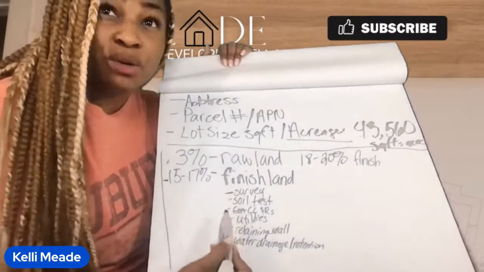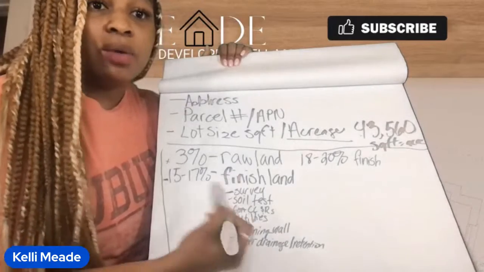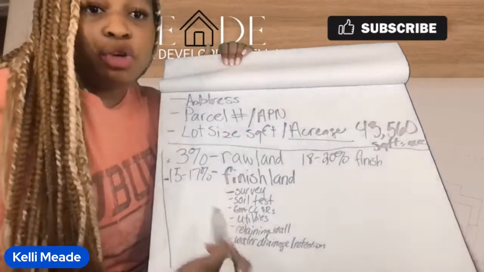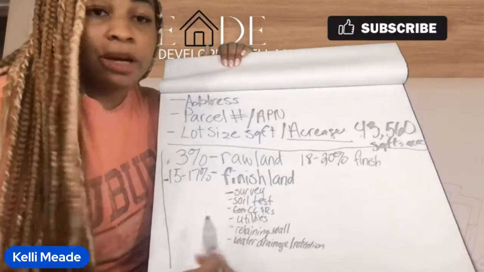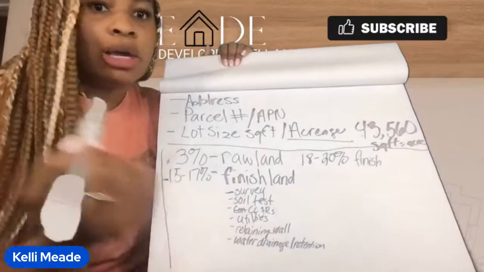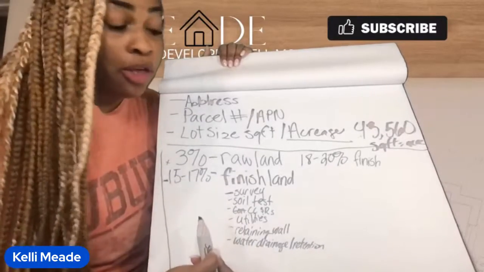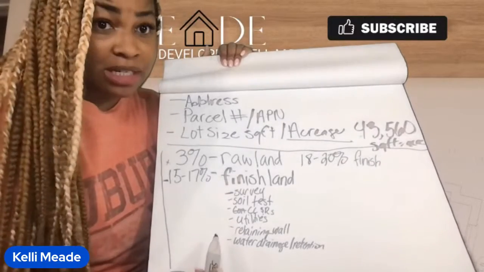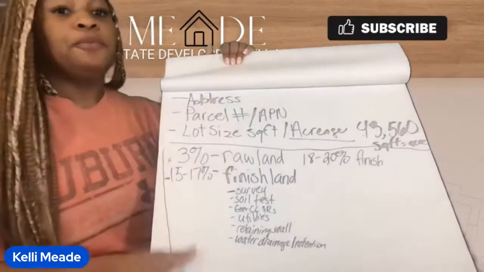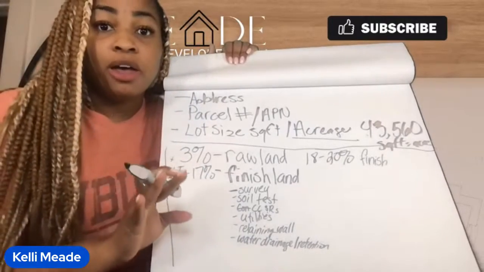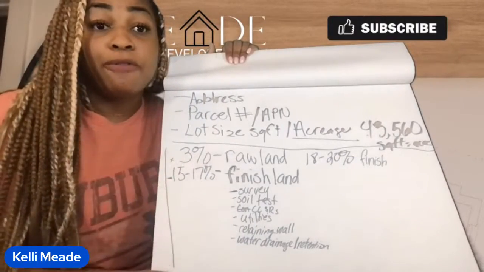So you can be a builder and get with a developer to help you do all of this. Or the builder can be a developer as well. A developer can be a licensed builder. You can be both. Just like a broker can be an investor. You can do both. But these are two separate jobs essentially. Okay. So developer and builder are two different types of professions.